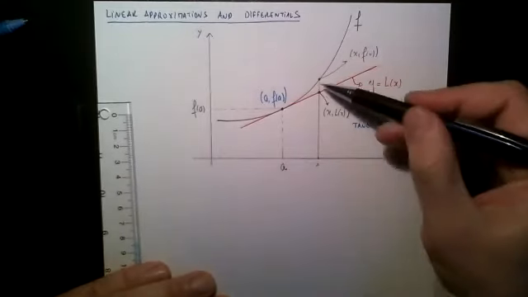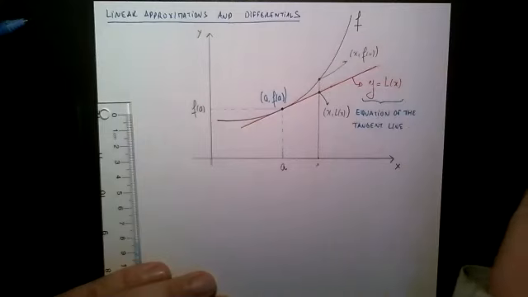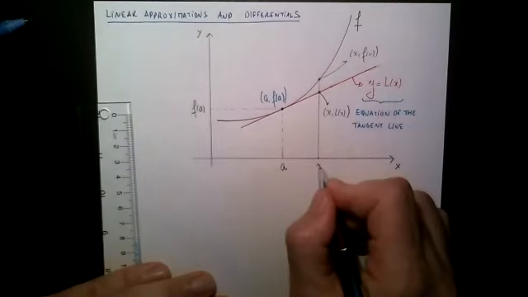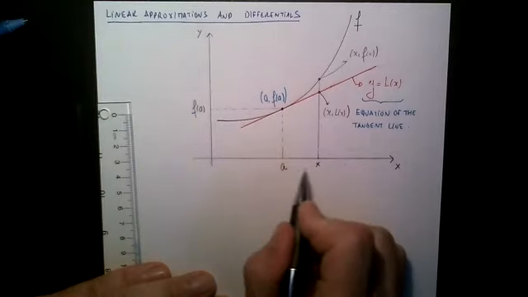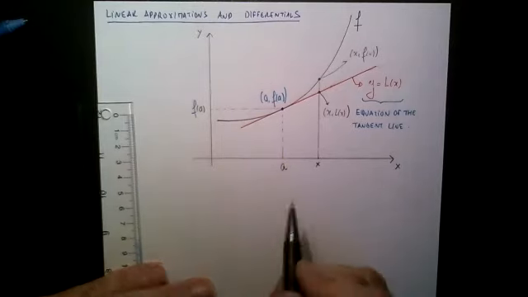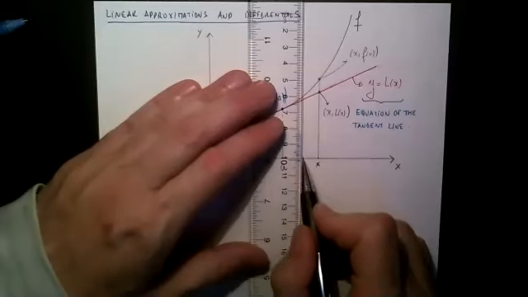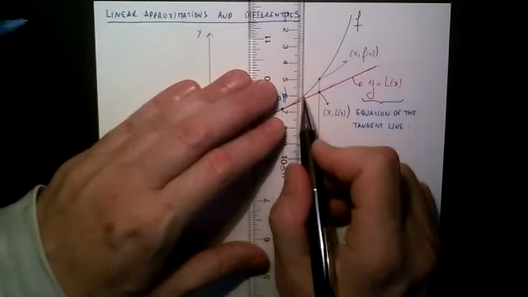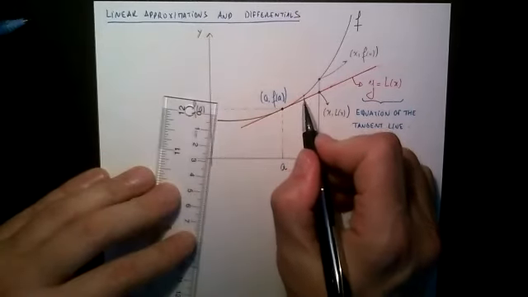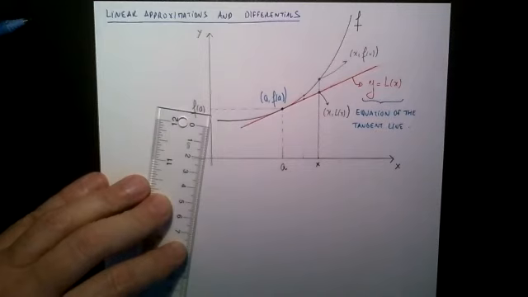Of course they're off, but it's not that bad. It's a valid approximation, provided that x is close to a. The closer x is to a, the better the approximation. If I take x here, you see that you're a bit less off.